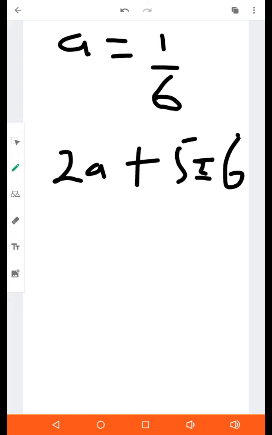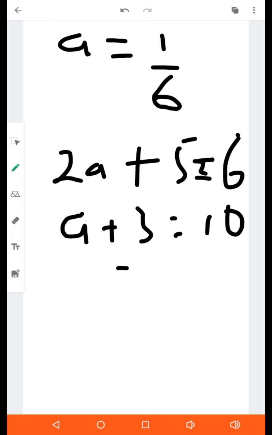So basically today we have talked about how to solve linear equations, and we have looked at using the additive inverse. For example, when we have a plus 3 is equal to 10, we're supposed to use the additive inverse of 3 on both sides of the equal sign.